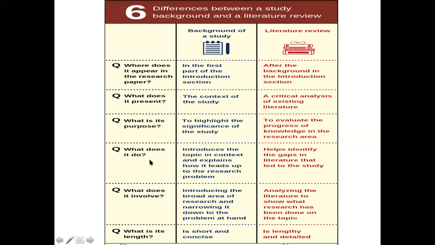When you are asking what the literature review does in comparison to the background, we say that in the background, we introduce the topic in context and explain how it leads up to the research problem. This will be showing the gap, okay?